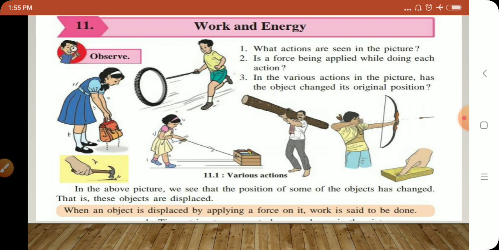When the force is applied on the object, it shows displacement. When an object is displaced due to the force applied on it, work is said to be done. फोर्स लगाएंगे तो वर्क किया जाता है. That is the meaning of that. Understood? Work is said to be done.